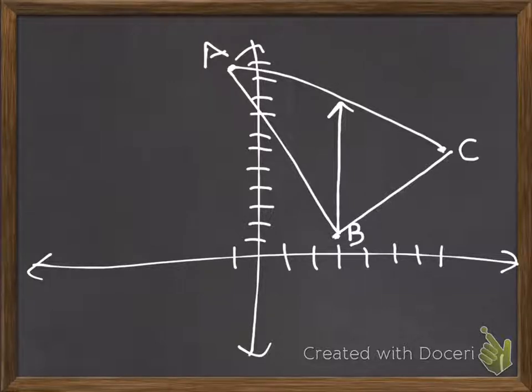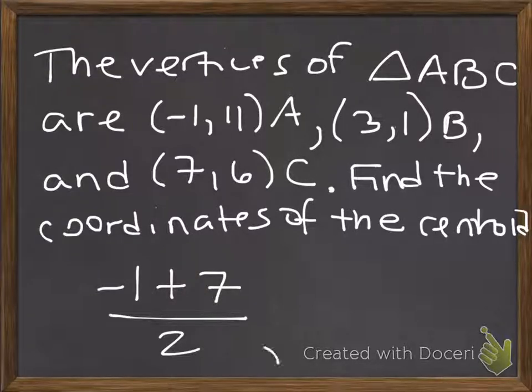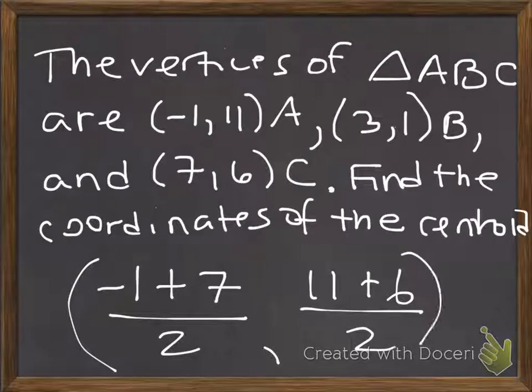That's going to be my line, and I'm going to find the midpoint where it crosses AC, and that's going to be the midpoint formula of AC. So the midpoint formula, if I'm using that, I have the x's of A and C over 2 added together, and the y's of A and C over 2 added together.